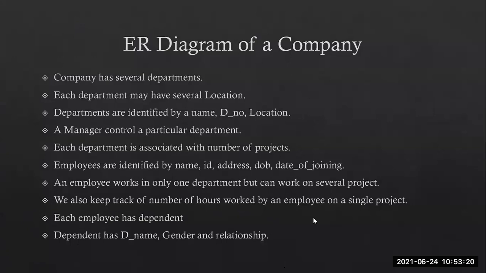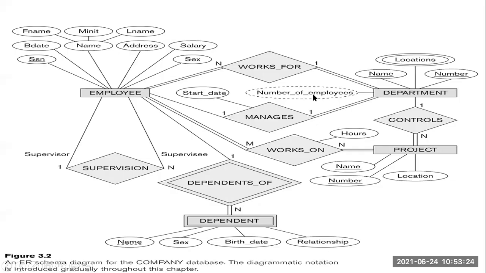Now I'll proceed to this diagram here. I'll ask you the questions. Can you tell me which are the tables here? How is your entity going to be identified? Can you tell me? Anyone?